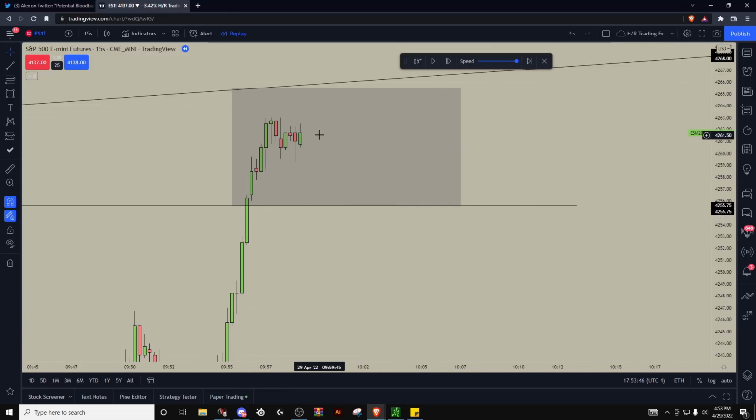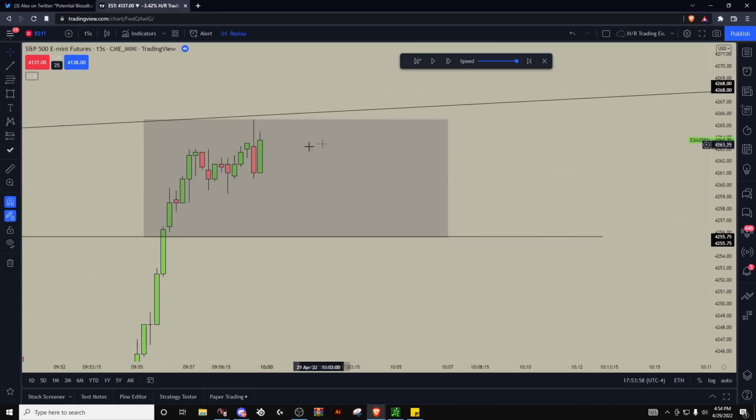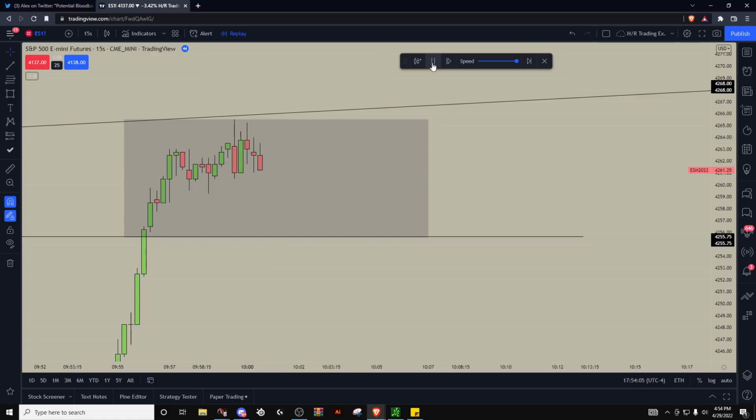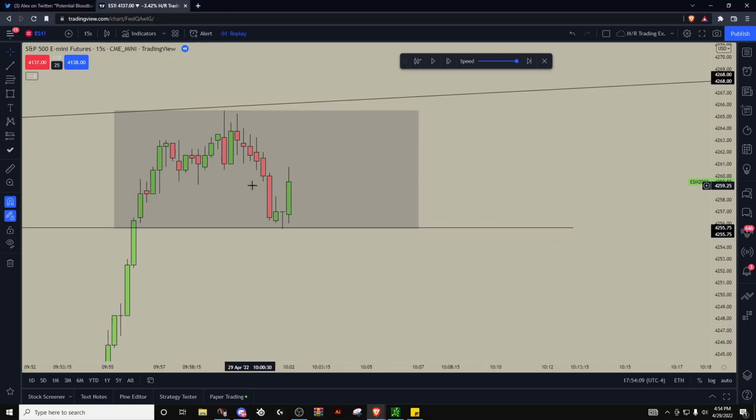So what we want to look for is a shift in structure with a fair value gap. And you can see we had a shift in structure, no fair value gap. So that's not a valid shift in structure. Now, we had relative equal highs form here. It goes higher, breaks down, doesn't shift structure. Now we get, boom, displacement below this low.